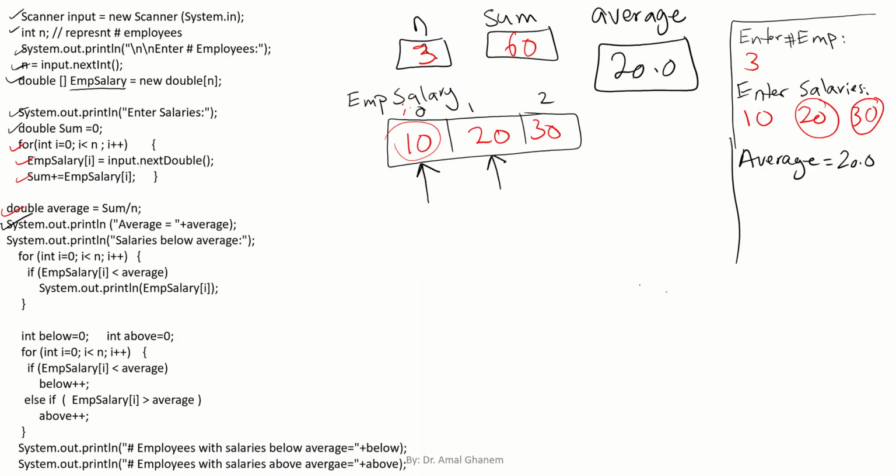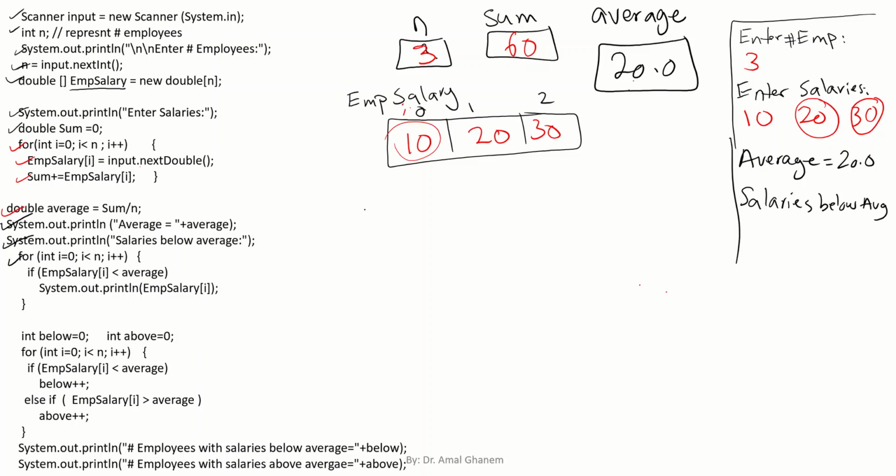And then 20, is it below? And then 30, is it below? Because I have to go one by one, I need a for loop. And that's why here we will first output a message, salaries below average. And then we need a for loop.